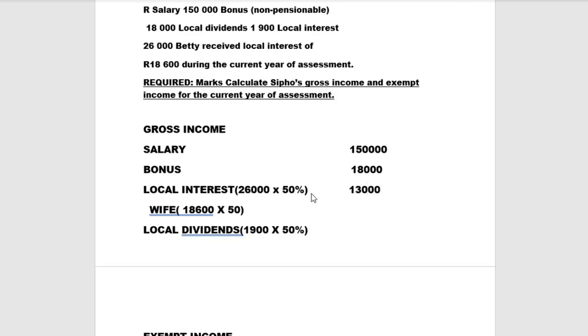Then the wife, 18,600 divided by 2, it should be 9,300. Let me just verify that on the calculator. 18,600 divided by 2, yeah, it's 9,300 rand.